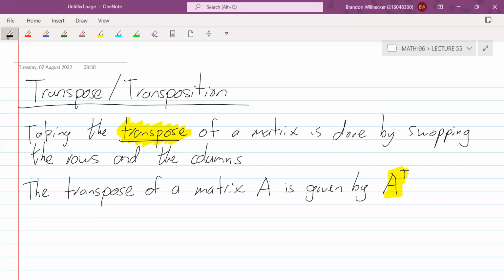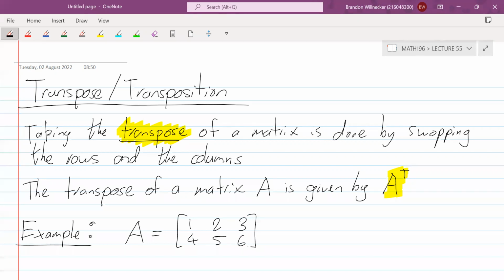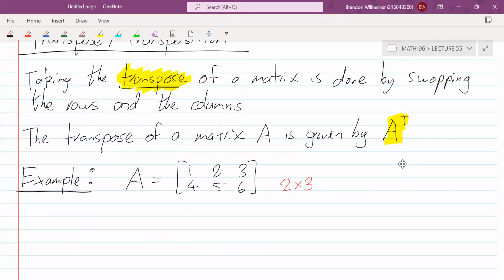Okay, so let's have a look at an example. Let's say A is equal to 1, 2, 3, 4, 5, 6. So this is a 2 by 3 matrix. Okay, we want to find A transpose.